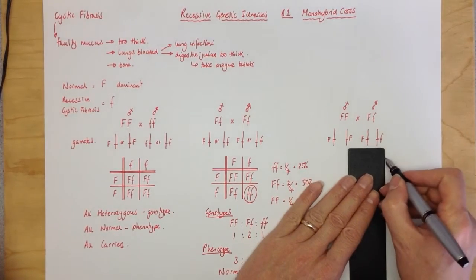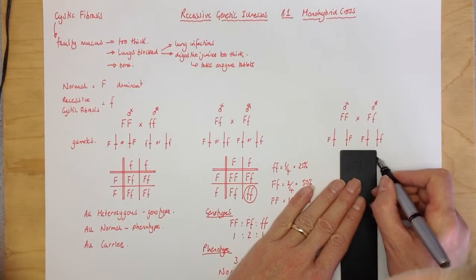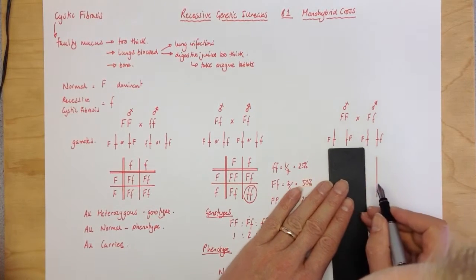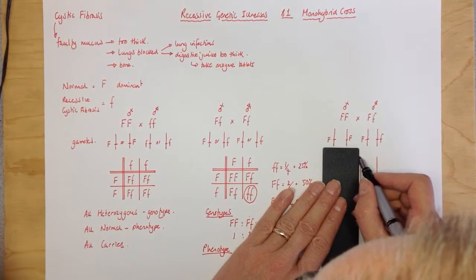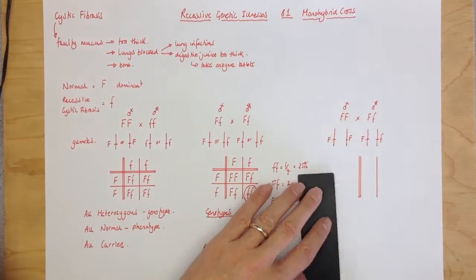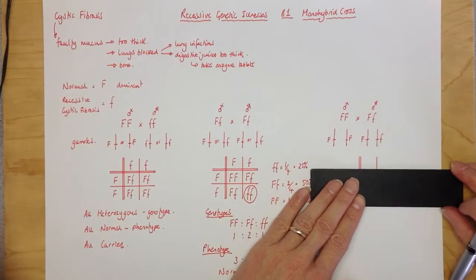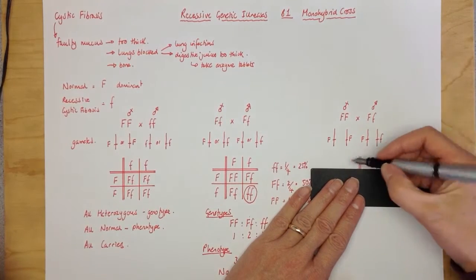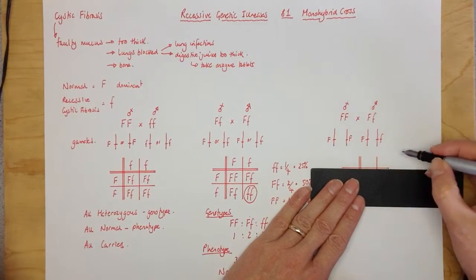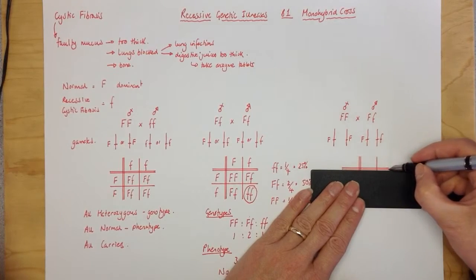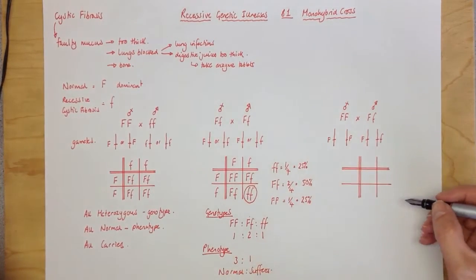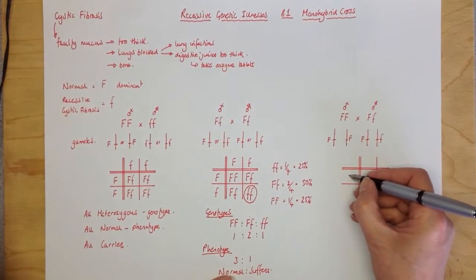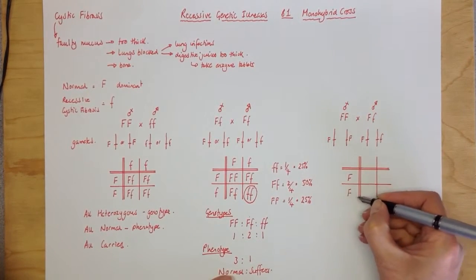So when we do this combination of genes in our Punnett square, do mum's eggs first, both normal.